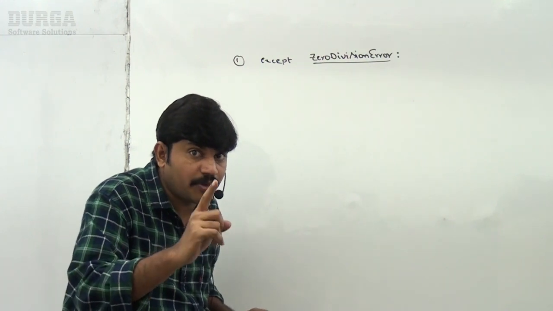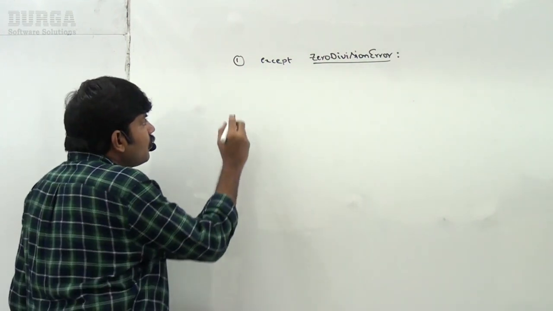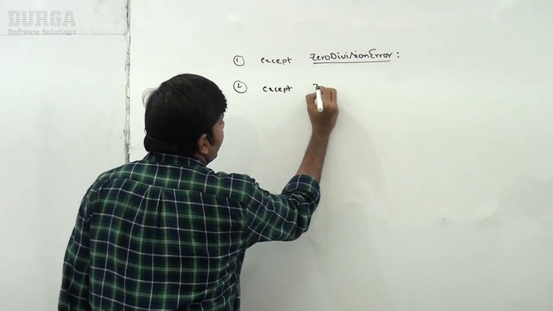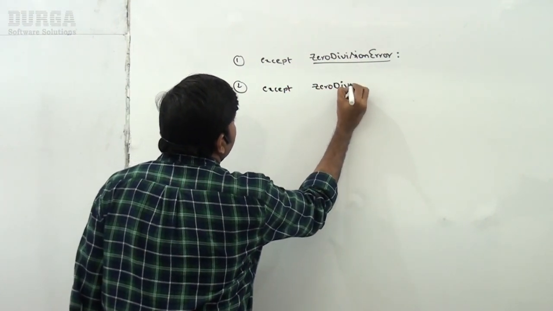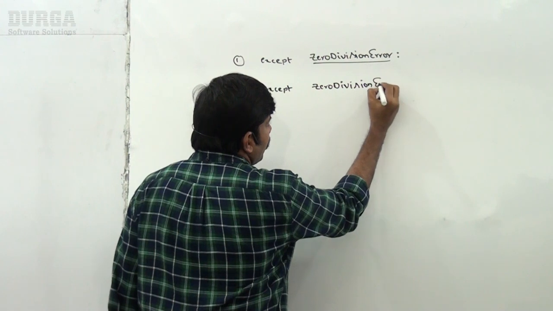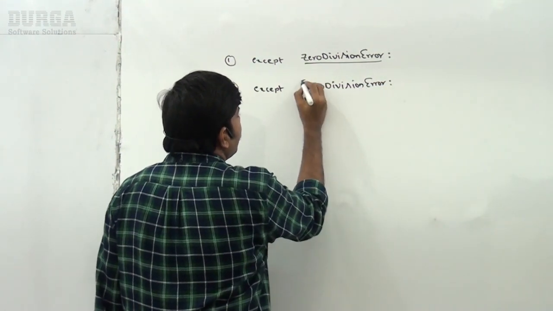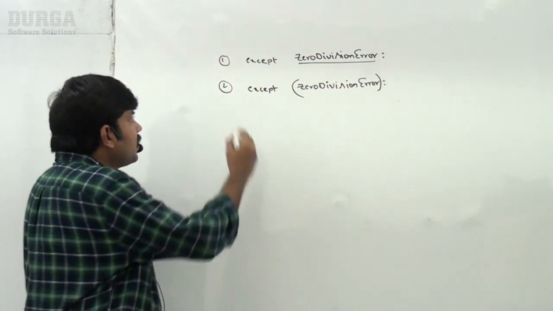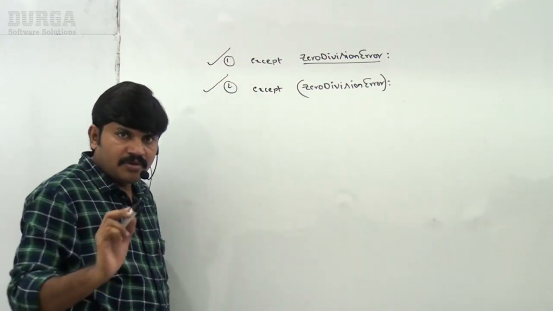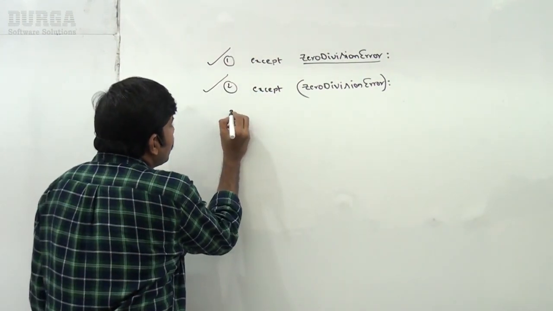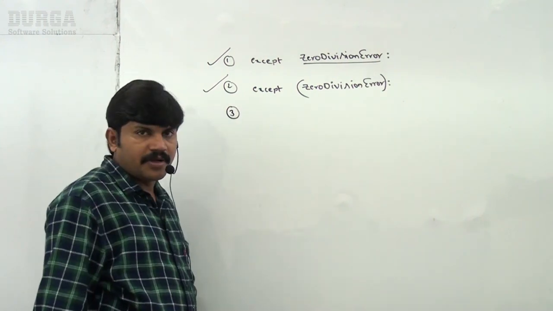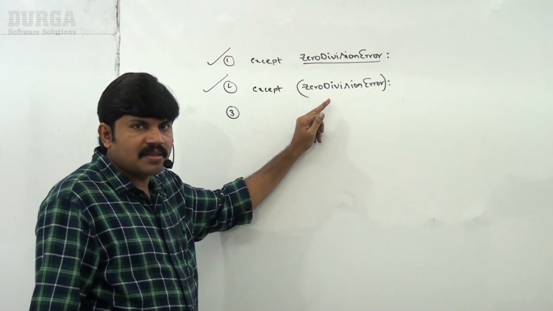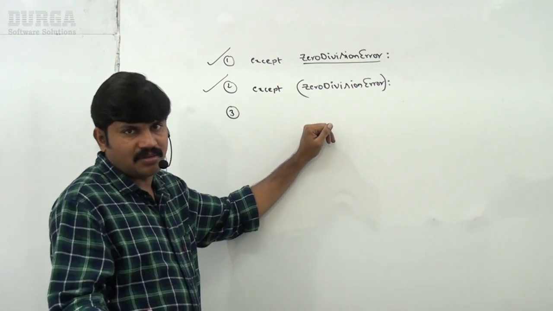I covered this point already in the last videos. Now the same thing you can even write like this also: except (ZeroDivisionError). Yes, you can take it within parentheses also, it is acceptable. Now the third point: if only one exception is there, parentheses you can take if you want, otherwise not required.